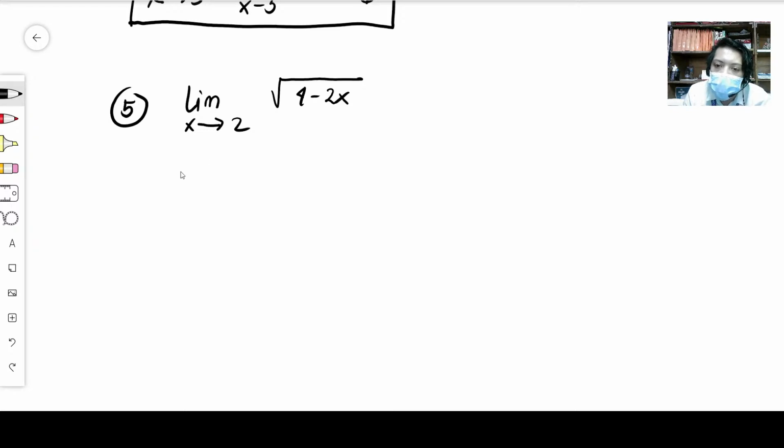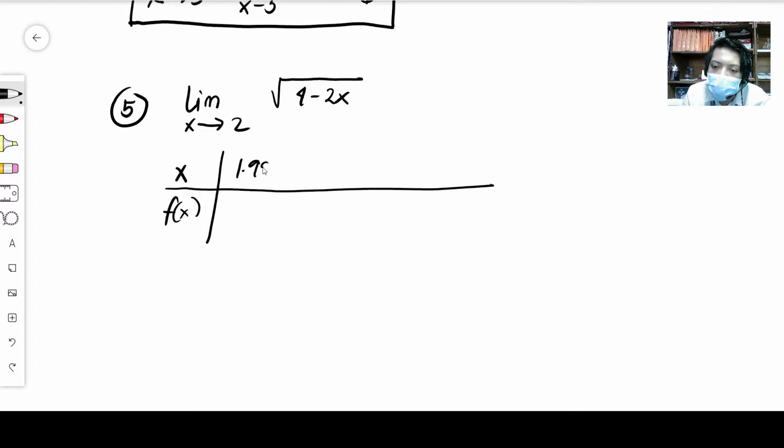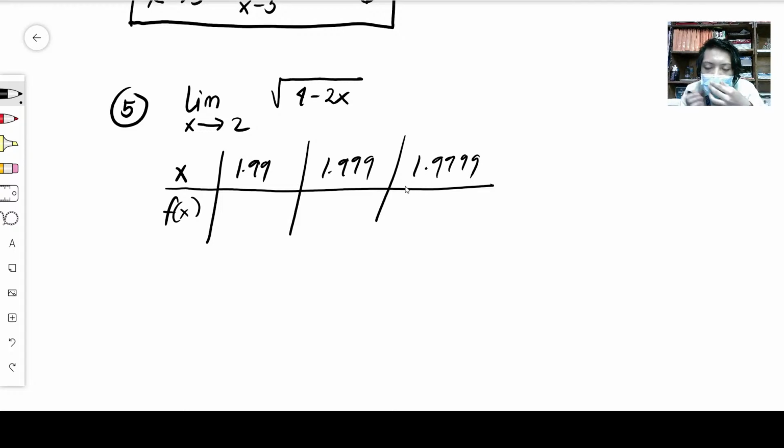Okay, we have x and f of x. Left hand limit first. The left hand limit as x approaches 2. So this will be 1.99, 1.999, 1.9999.